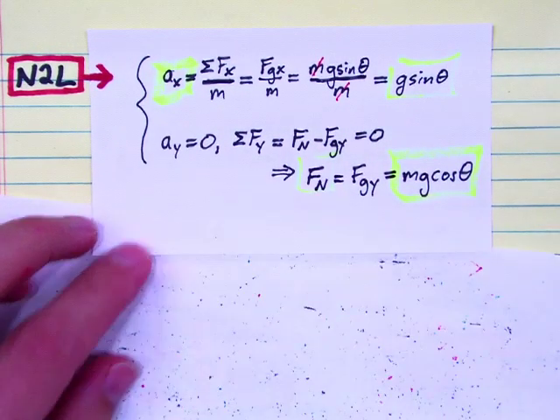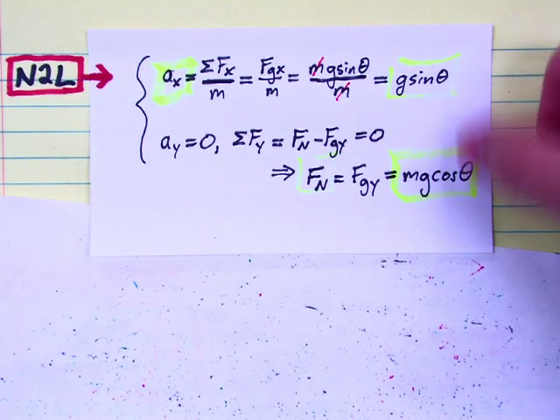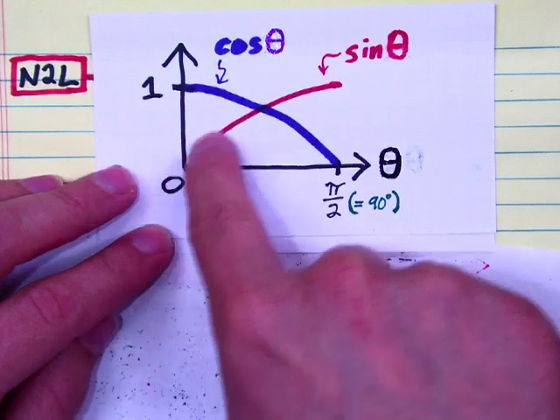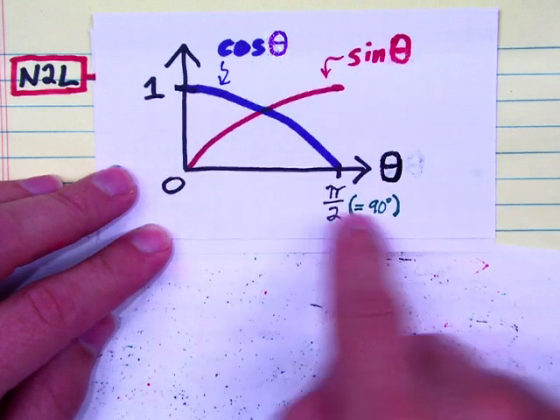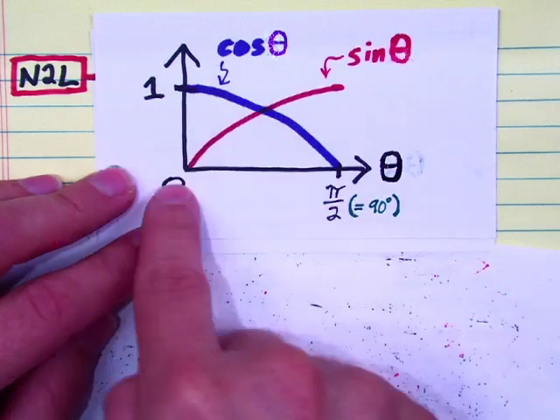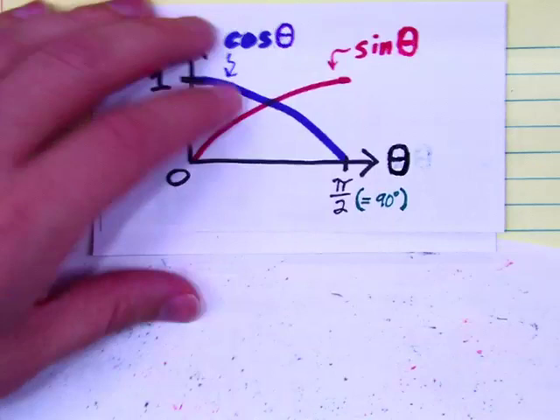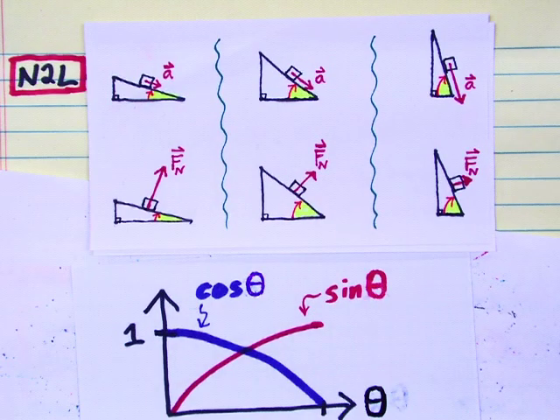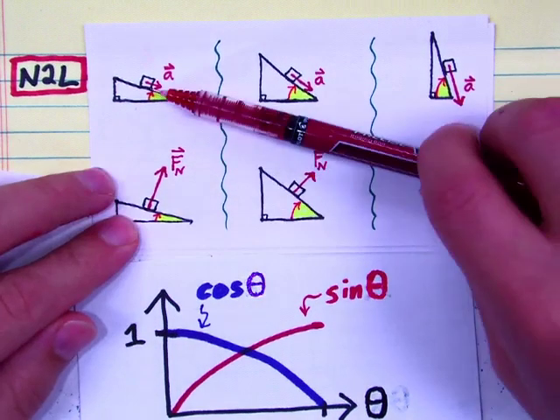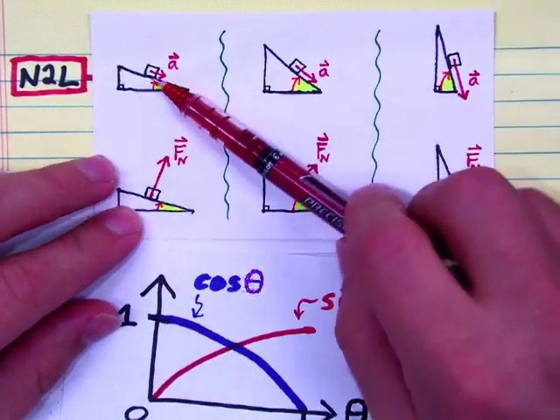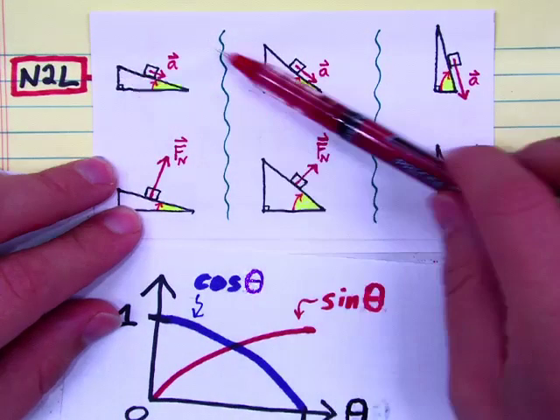That's our apparent weight. And from looking at these two terms and understanding how sine theta grows from 0 to 1 as your angle goes from 0 to 90 degrees, and cos theta goes from 1 to 0 as your angle goes from 0 to 90 degrees, we can picture how the acceleration and the normal force both change as your ramp tilts to ever greater angles. Our acceleration increases as your ramp tilts higher and higher.